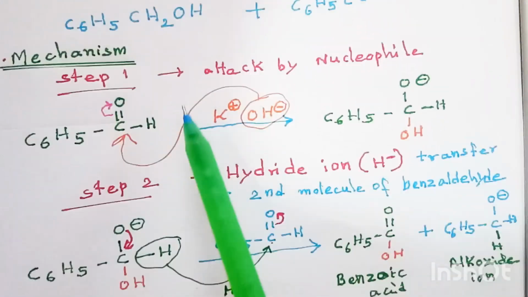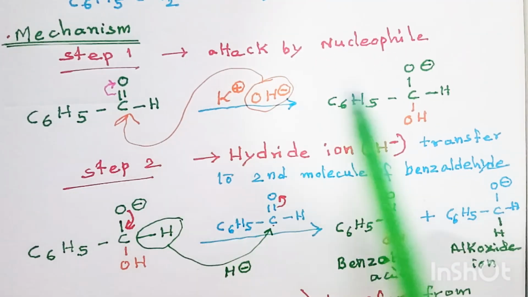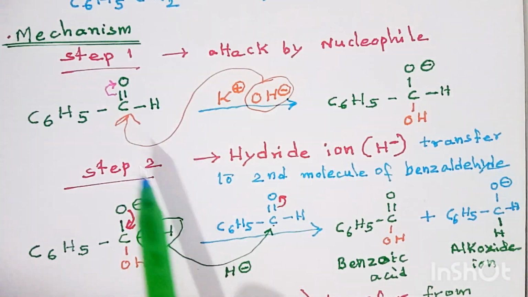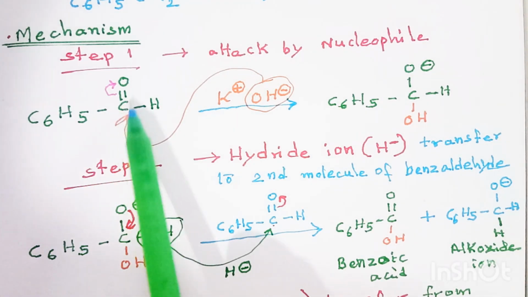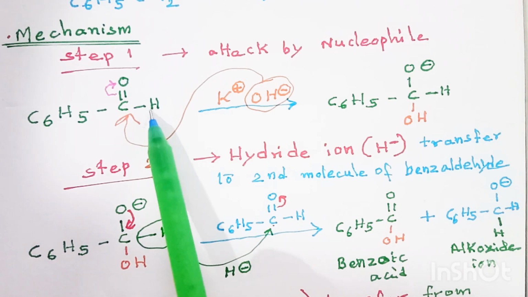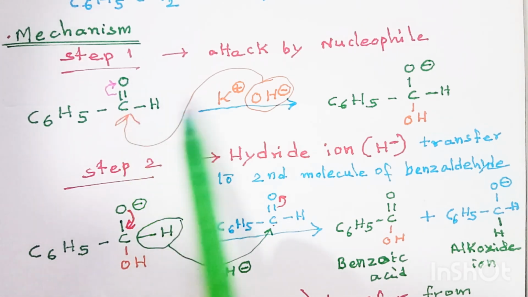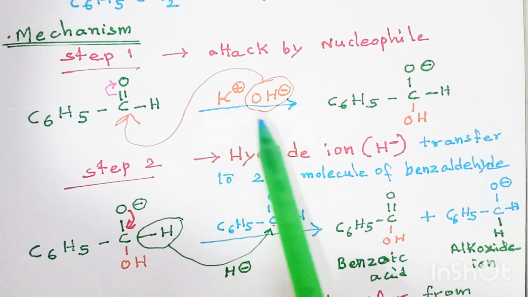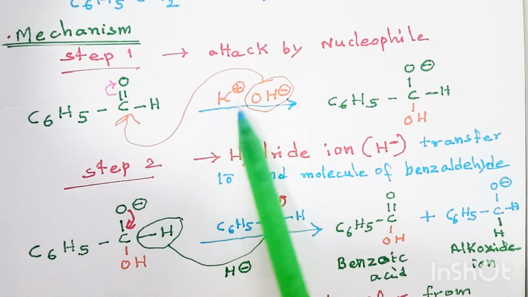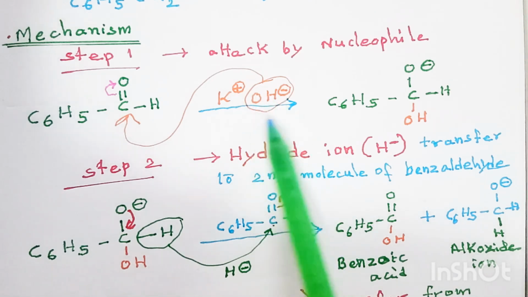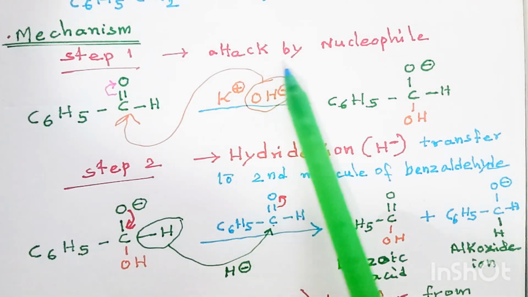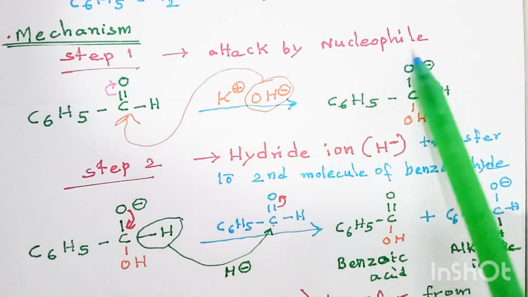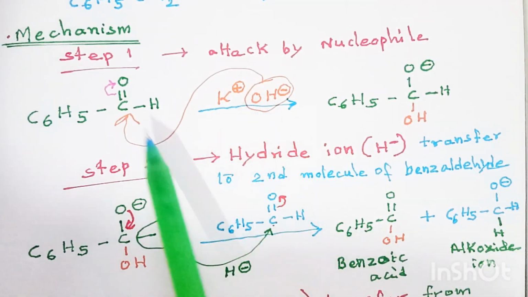Let's see the mechanism. Benzaldehyde is written as C6H5 C double bond O, H. Concentrated potassium hydroxide ionizes into K plus and OH minus. This OH minus is the nucleophile. So this is the attack by nucleophile, step 1.